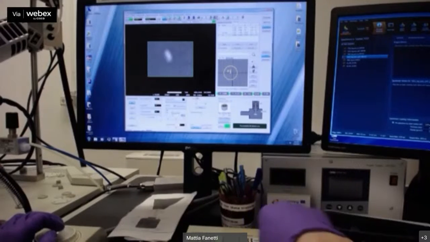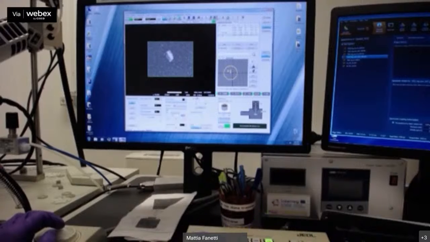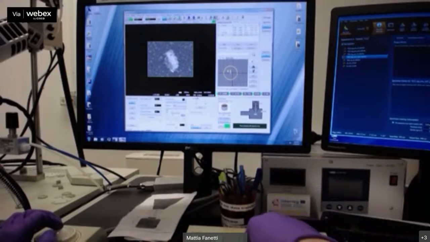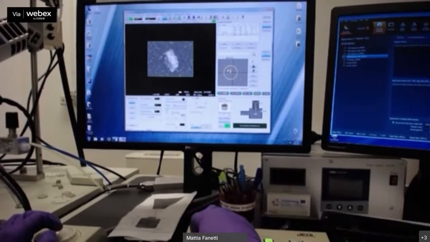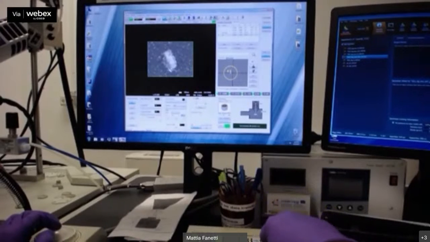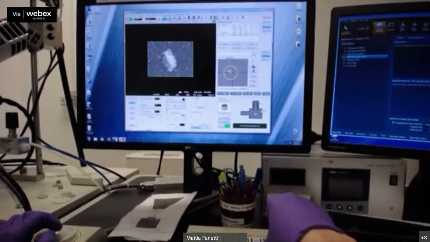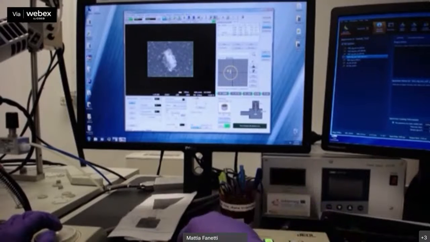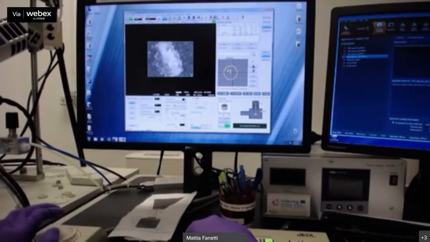Okay. Now I have to set the stigma. The stigma are the correction to the shape of the beam, because the beam maybe is not perfectly round in section, let's say. So I need to correct the astigmatism. This is also something quite fast that I can do in 2 seconds.